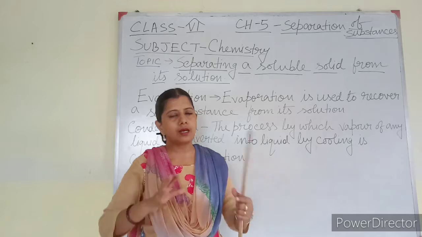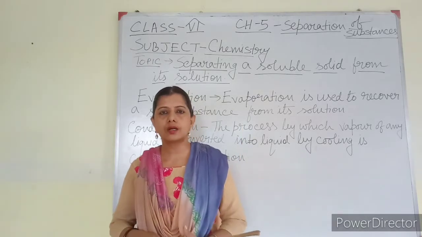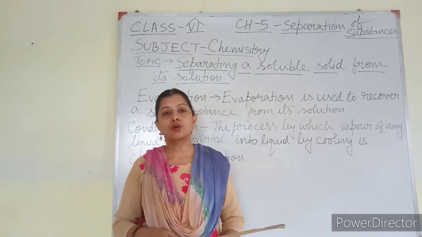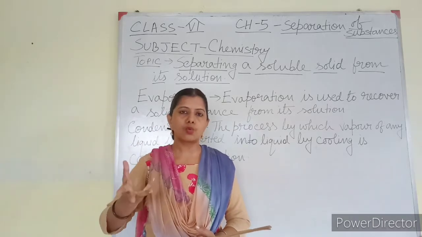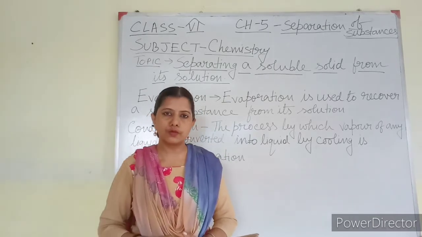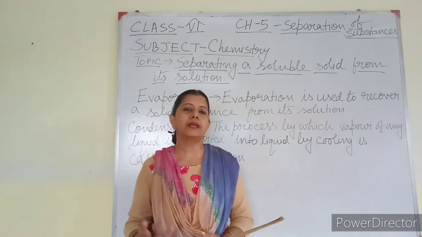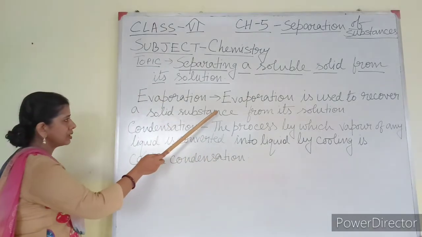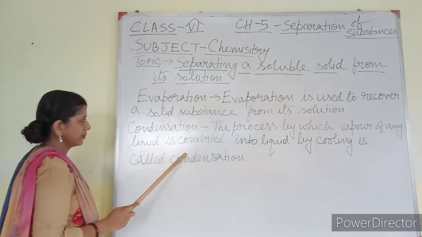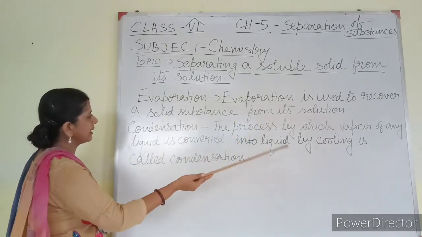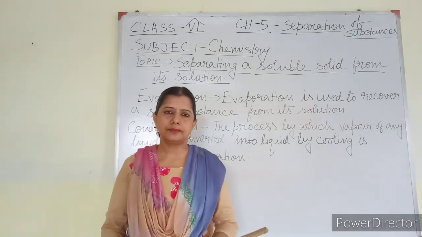Near the seabed, a large area with a bund was made, and salt water was deposited there. Due to the sun's rays, the water got converted into vapor and only salt was left behind. So by evaporation we can make salt. Definition of evaporation: evaporation is used to recover a solid substance from its solution. So this is all about evaporation.